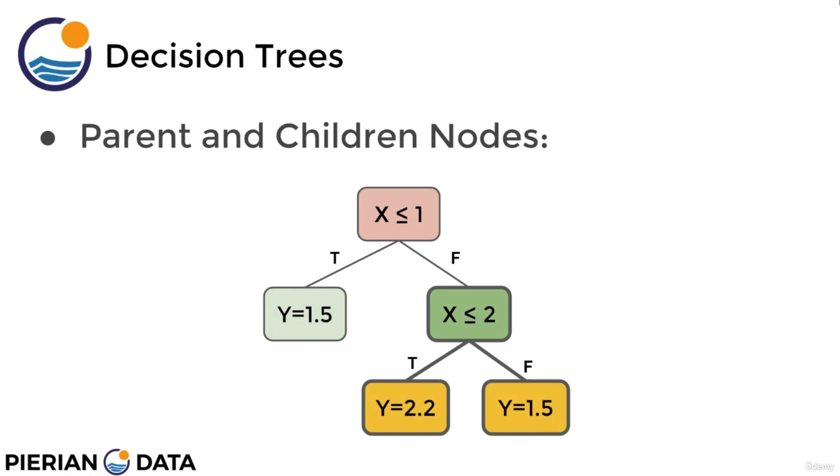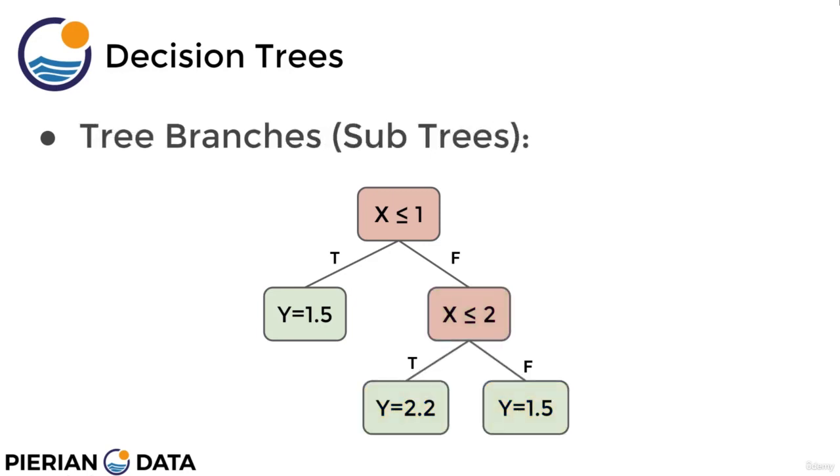Again, the green node at the top is a parent node, and then after the split, you have the children nodes. I should also mention that sometimes people refer to subtrees or tree branches as part of an overall decision tree. This is a relatively small decision tree, but it actually does have a subtree within it. Essentially it has an off branch or off split that leads to a node that leads to more splits that leads to more nodes.